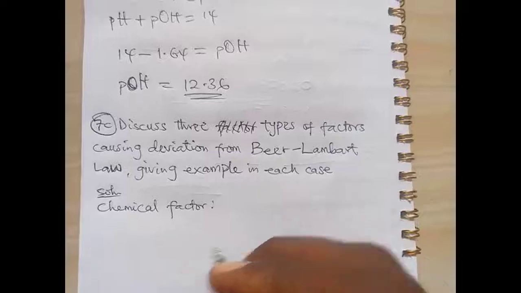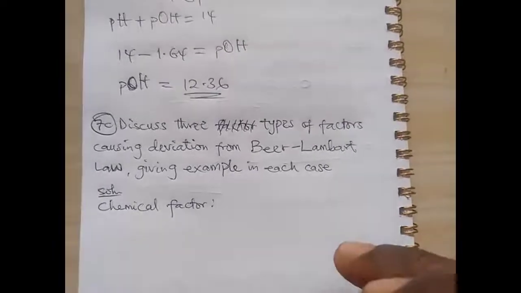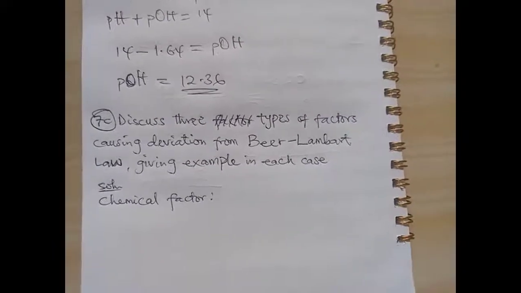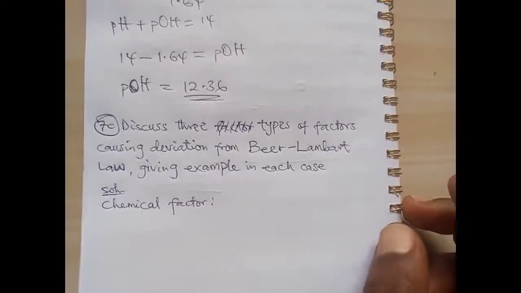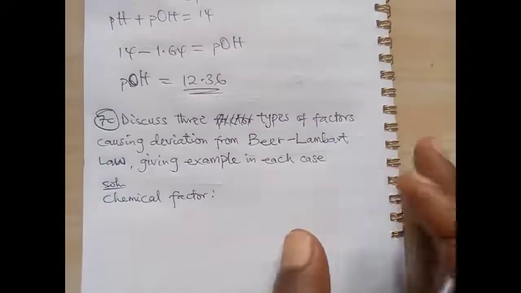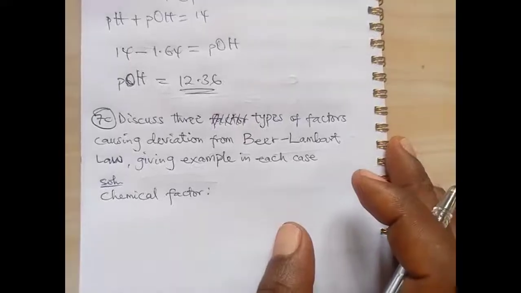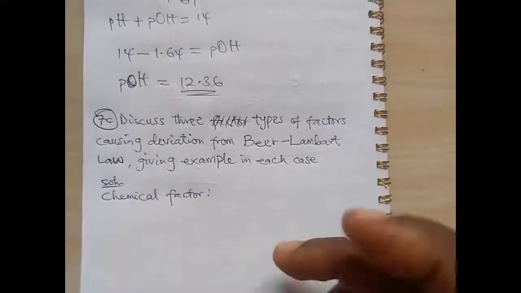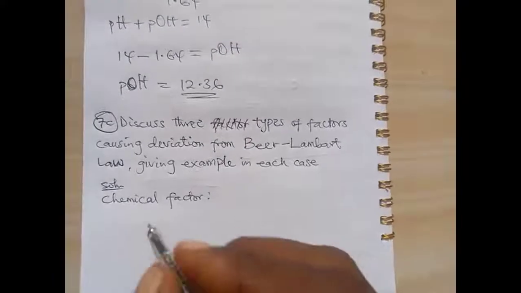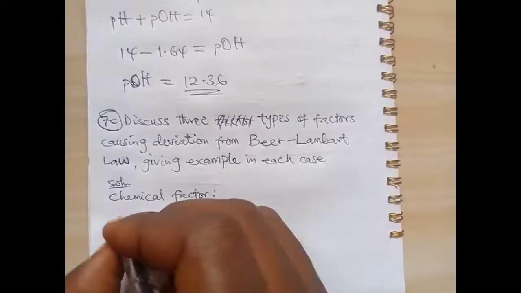When an absorbing species is in equilibrium with another species of different absorption characteristics, and the position of the equilibrium depends on concentration.